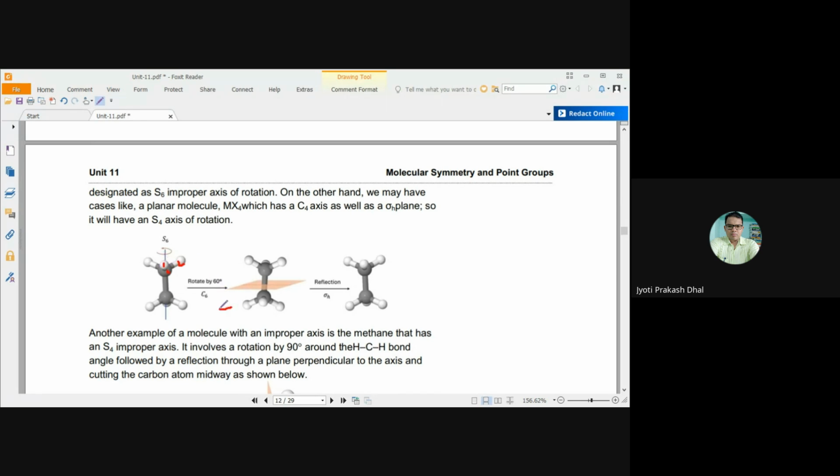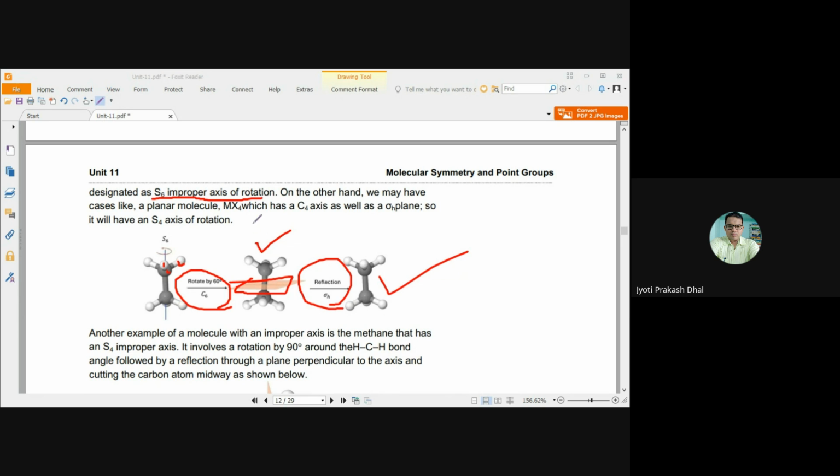So this is the rotation by 60 degrees, that is called C6. After that, if you imagine a reflection through this plane, you will get a configuration identical to the initial one. So here it is C6 followed by sigma H, rotation by 60 degrees and then reflection. That is why it is called an S6 improper axis of symmetry.